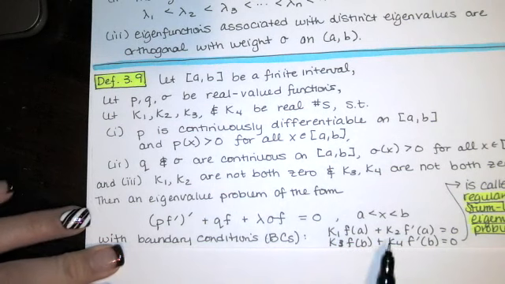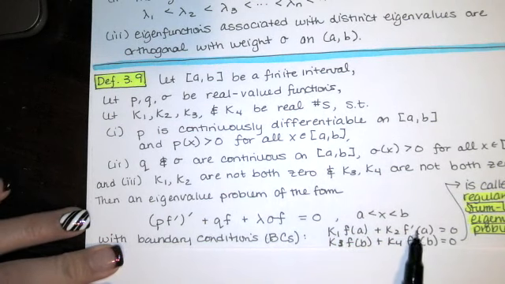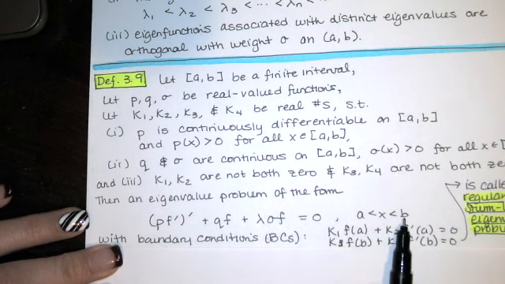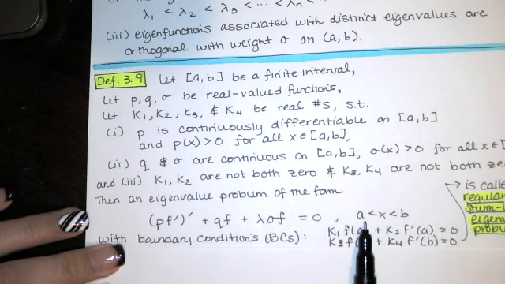One thing that I want you to notice about the boundary conditions is the first boundary condition is dealing with the function and its derivative evaluated at x equals a, that left-hand endpoint of our interval. So this is not an initial value problem if you've had ordinary differential equations.